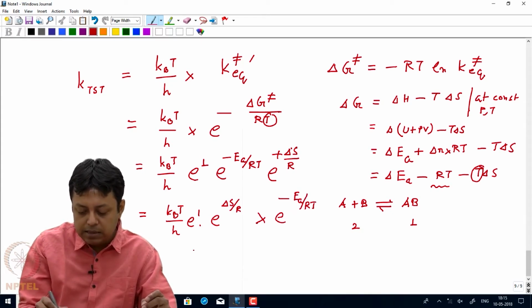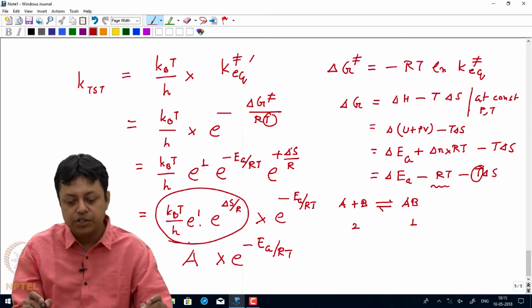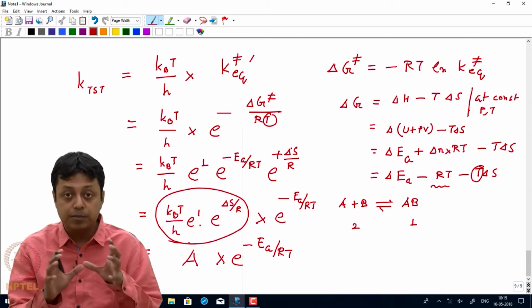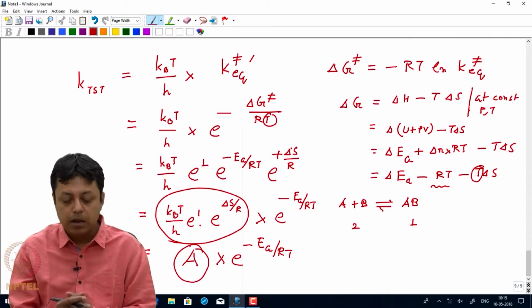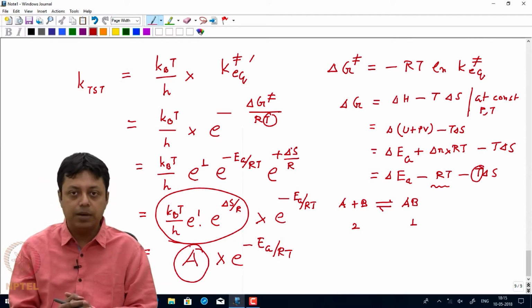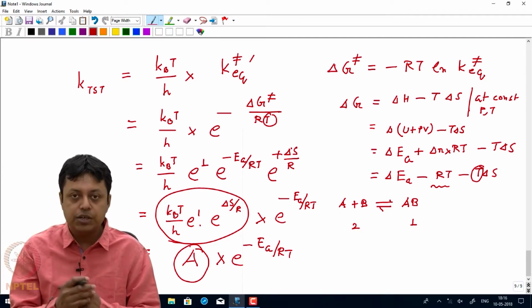Now you see that this has a similarity with the Arrhenius equation. What we get from this derivation is an expression for this A, which is the pre-exponential factor. Now what is the physical significance of the pre-exponential factor which we just derived from transition state theory?